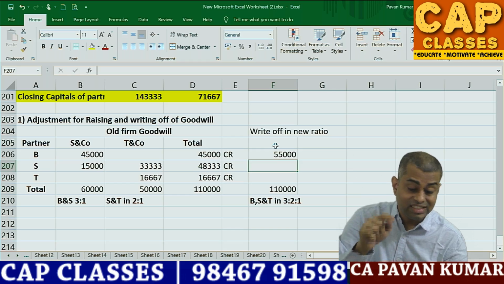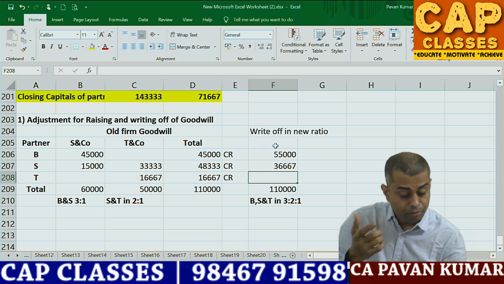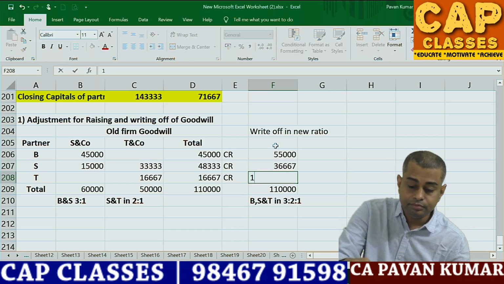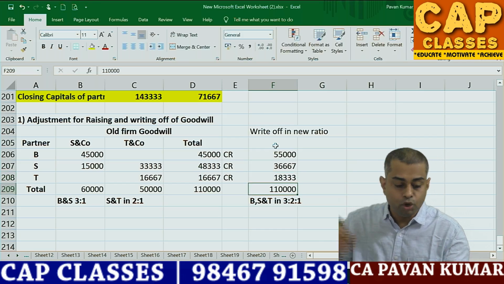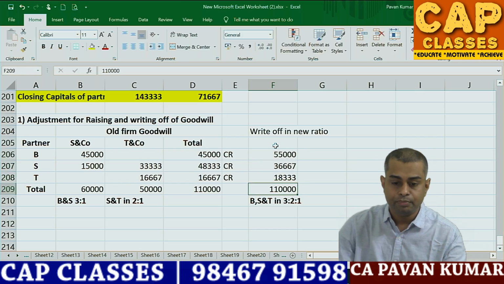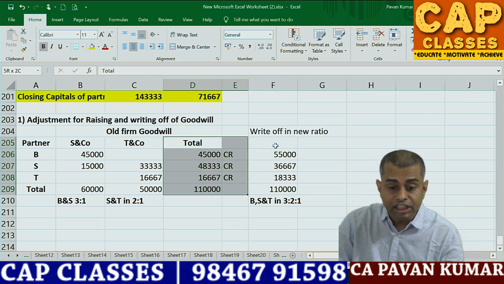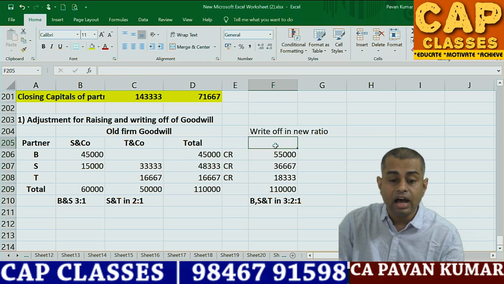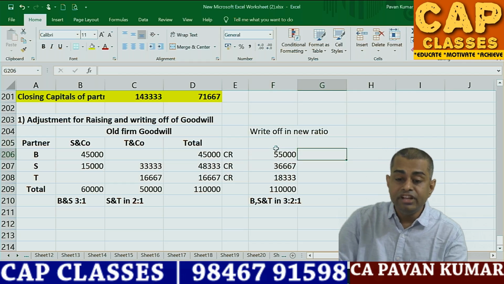So 36,667. Third guy will get 1 portion, 18,333. Safe side, check whether all these 3 numbers put together you are getting the same number or no. 1,10,000, correct. So we raised goodwill in these ratios, which is credit, and we are writing off in this ratio, which is debit.